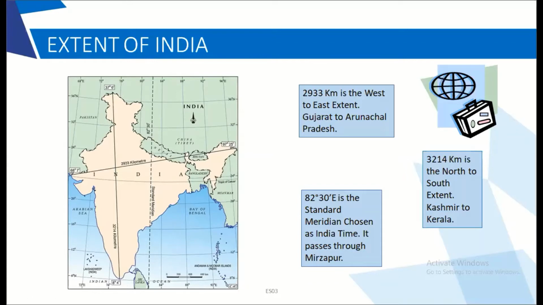Each longitude takes 4 minutes, so we have an average 2 hours of difference between Gujarat and Arunachal Pradesh. However, India selected to keep one time zone, and that is 82 degrees 30 minutes east longitude. This line passes through Mirzapur in Uttar Pradesh. This is our Indian Standard Time.